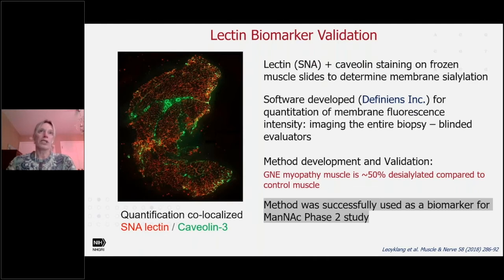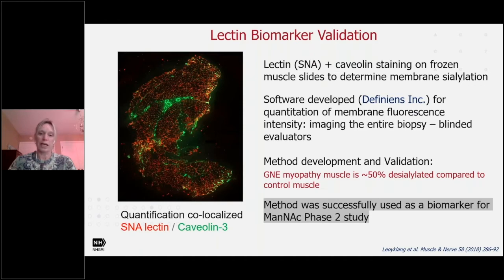And we can do a similar method on patients before therapy and their same muscle biopsied after therapy to see if we can see an increase in the same muscle of the same patient, which we did in the phase 2 study. So in the validation process of this method, we showed that GNE myopathy muscle membranes are about 50% desialylated compared to control muscle.